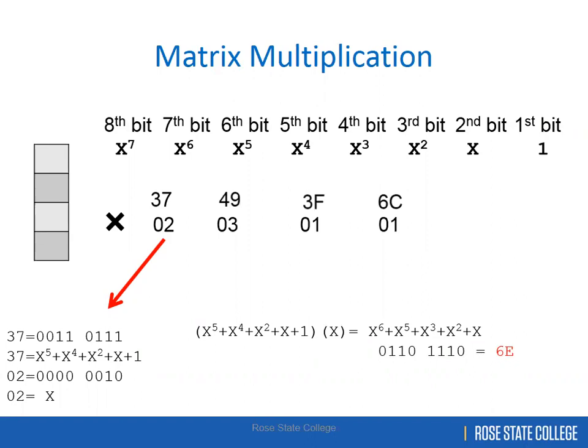So when you're converting that back, we have no x to the 7th, but we have an x to the 6th, x to the 5th, an x to the 3rd, and an x. So we do 0 there, 0 there, and when you divide it in half, that will give you a 6e. It's not hard. It's just a bunch of steps.